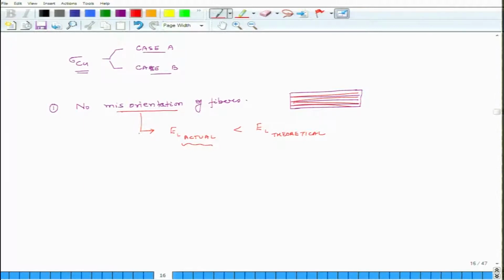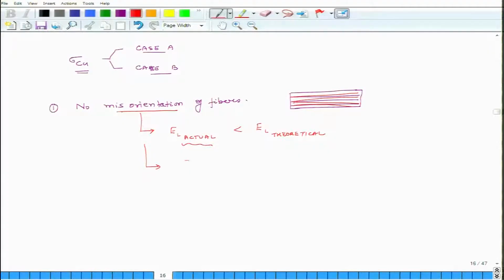Also, if the fibers are misoriented, we will not only have a pure tensile stress in the system, but there will also be some shear stress in the system. Because of that, sigma Cu actual will be somewhat less than sigma Cu theoretical. So, first, modulus will be less, and second, strength will be less, because the loading will be more complicated, there will be a shear element and things like that. So, this is one thing.